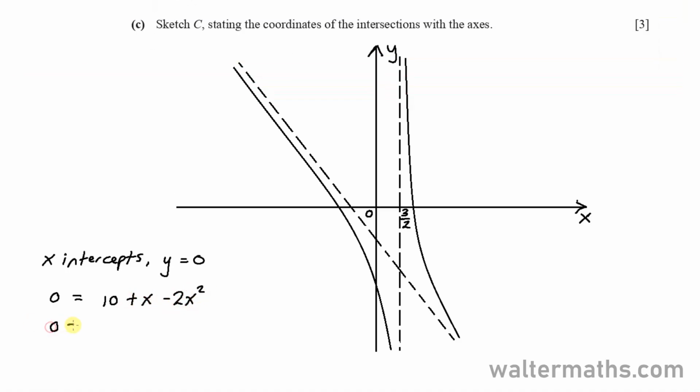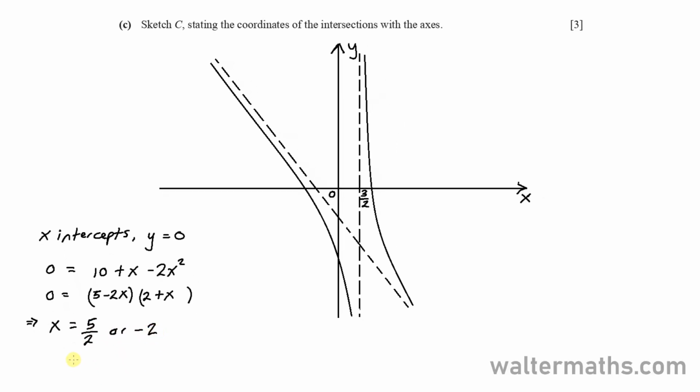So I can factorize this, and we will get 5 minus 2x and 2 plus x here, which therefore will give us x coming out as 5 over 2 or minus 2. And therefore the intercepts with the x-axis are at 5 over 2, 0, and at minus 2 and 0. So this point here is the point minus 2, 0, and this point here is the point 5 over 2 and 0.